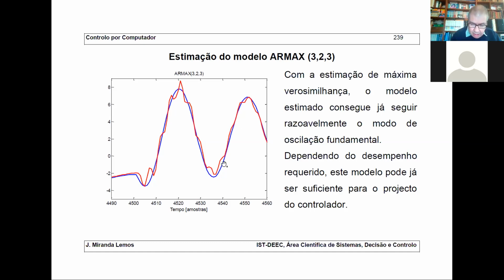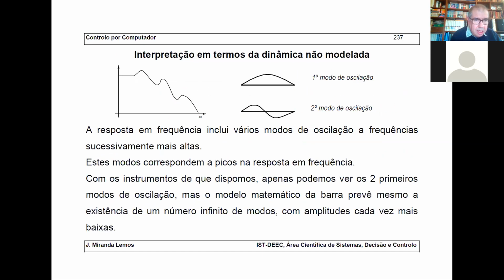Now, going back here to my plot of the frequency response of the bar, this means that we have a controller that gives you a good response up to this frequency band in this range.